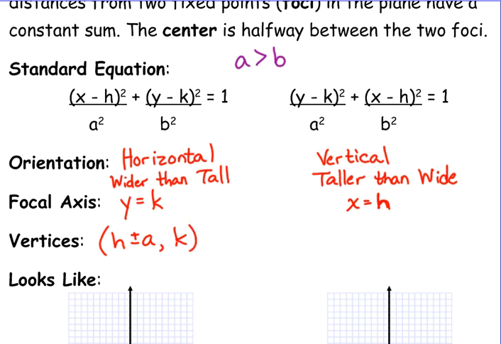They're centered on that line y equals k. We start at the center, we add the a and subtract the a, and that's where our vertices are going to be. For the other one, they're centered on that vertical line, so the x-coordinate is always h, and the vertices are (h, k plus or minus a).